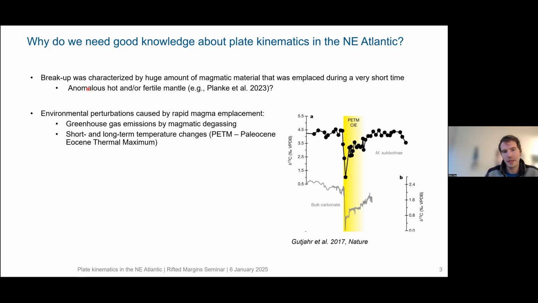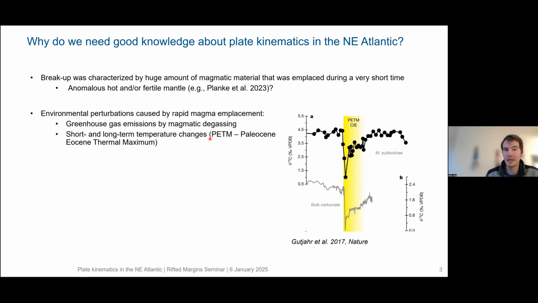This large amount of magmatic material also caused environmental perturbations. After this huge amount of magma was put in place, greenhouse gas emissions caused magmatic degassing, and this had consequences on short and long-term temperature changes, the most prominent being the PETM, the Paleocene-Eocene Thermal Maximum.